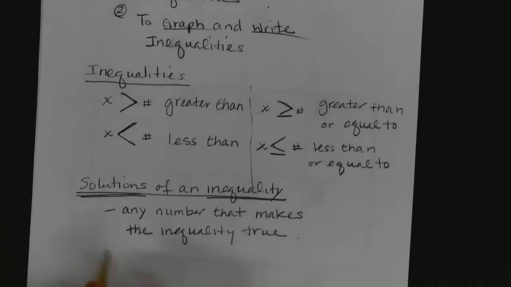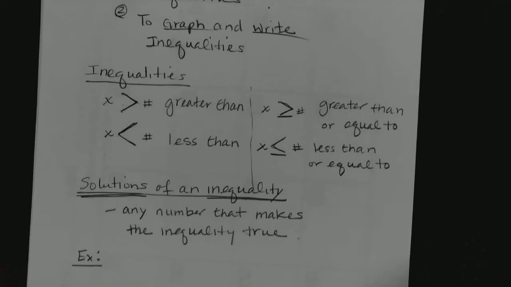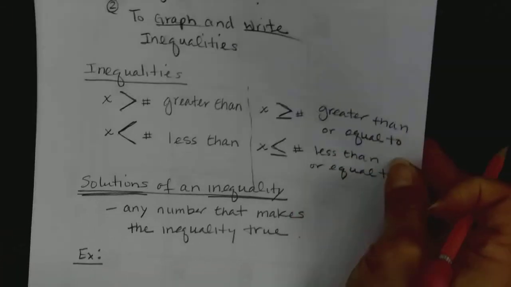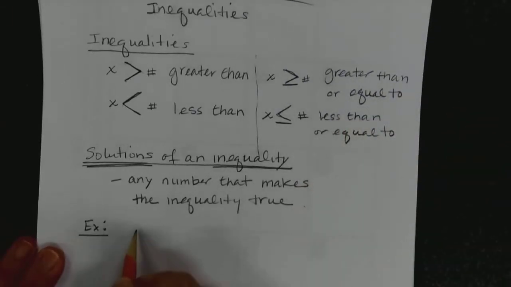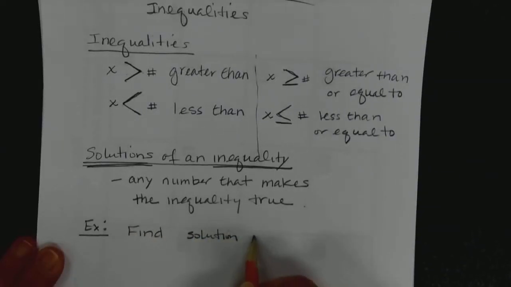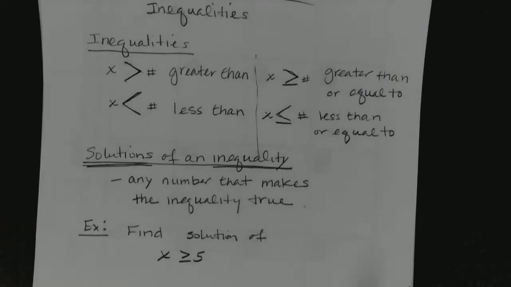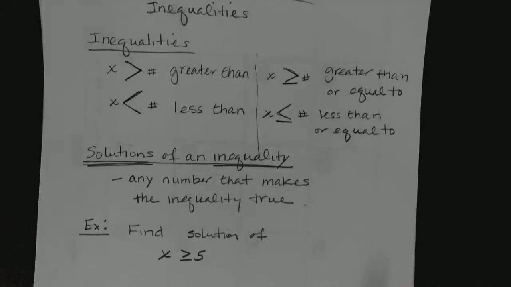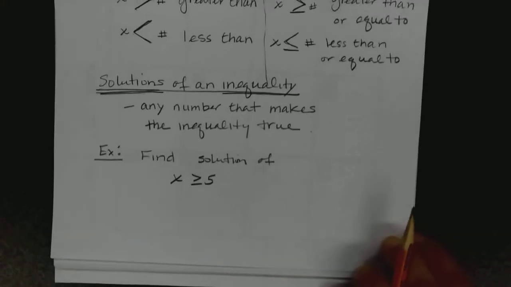So when I give you an example, let's just call it an example. Ready? If I said find the solution of, ready? X is, what does that statement say right here?